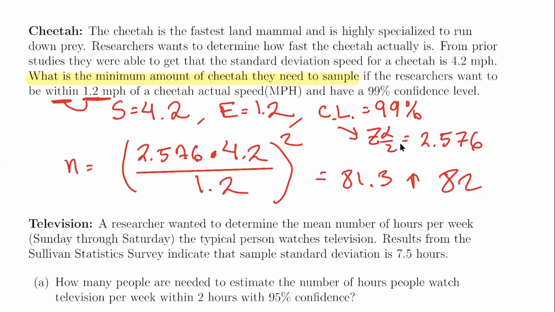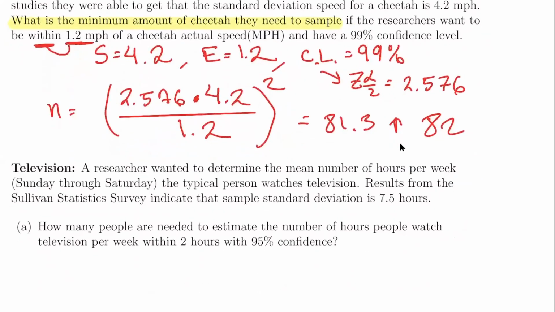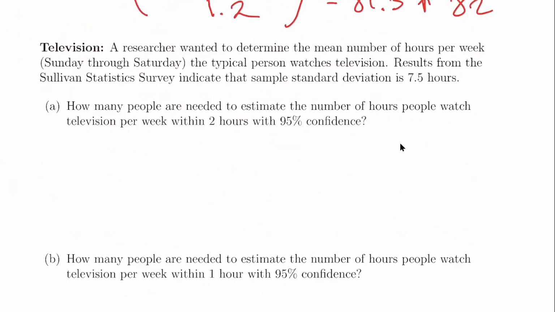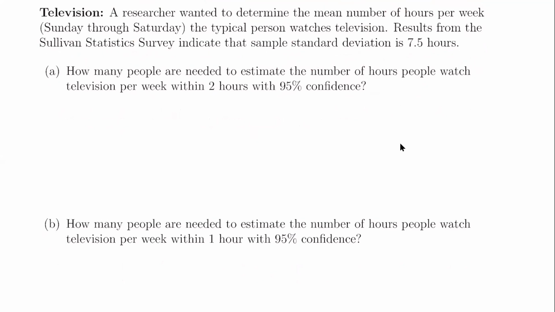All right, so let's do this last one, and then we'll move on to 9.3. It says a researcher wanted to determine the mean number of hours per week, Sunday through Saturday, the typical person watched television. Results from a Sullivan Statistics survey indicate that the sample standard deviation is 7.5 hours.